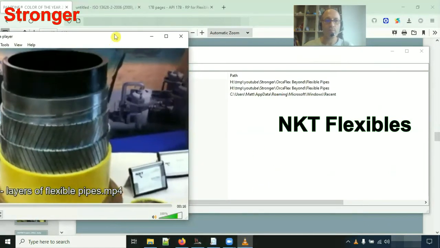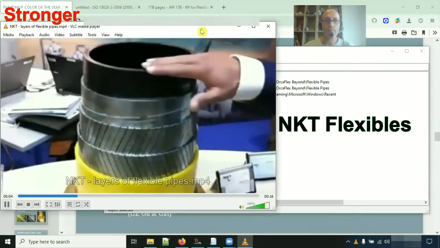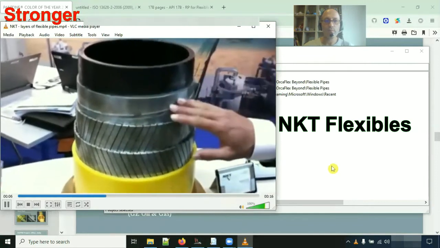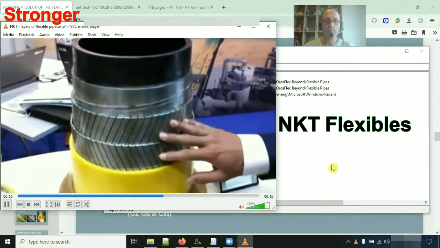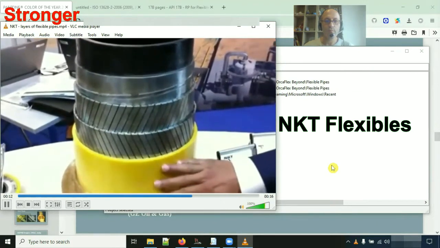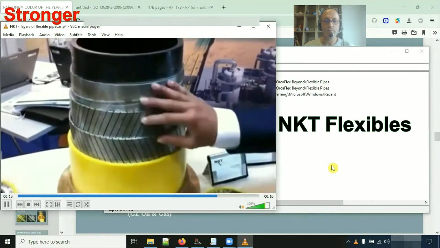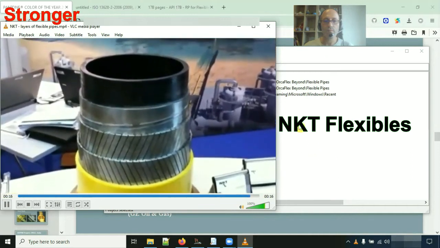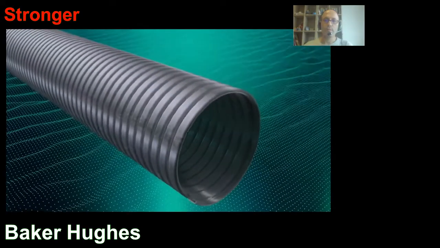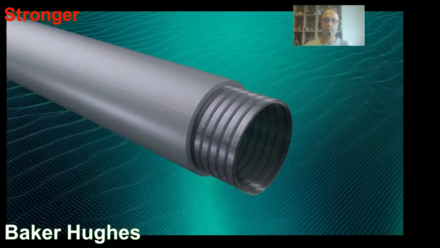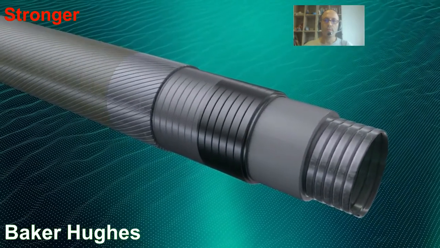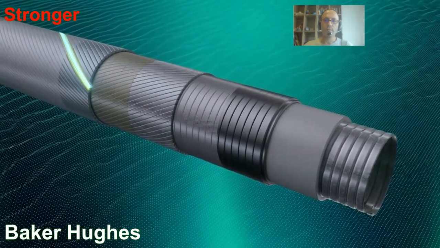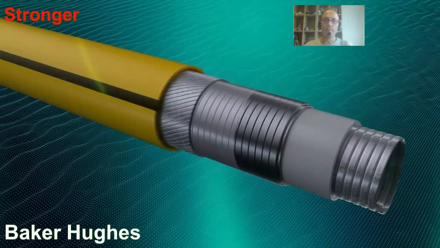This is the flexible pipe, which consists of an internal barrier. We have a pressure armor layer, tensile armor layer, and then a fluid barrier to protect these layers from corrosion. Each layer plays a critical role in optimizing the pipeline performance for quality, reliability, and confidence that your operations will run efficiently and consistently.